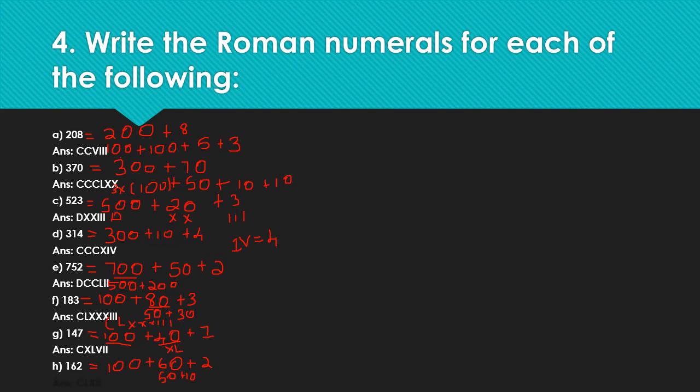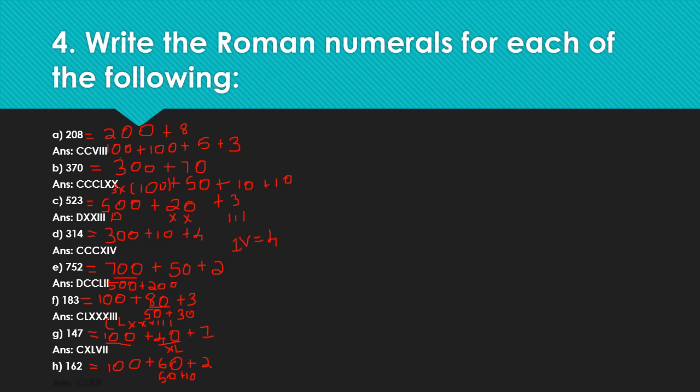Next, 162. So this you can split as 100 plus 60 plus 2. So we know the symbol for 100 and 2. 60 also you can split as 50 plus 10.